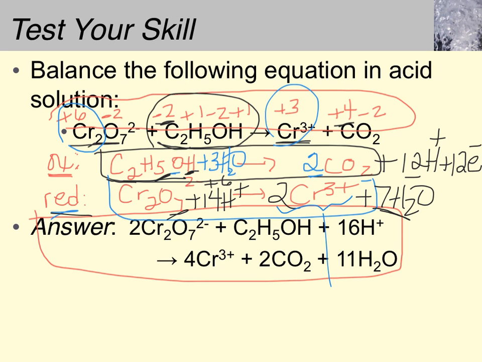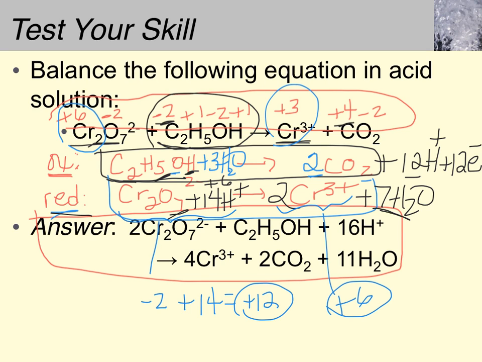On the product side, we've got a +6 charge. On the reactant side, dichromate has a -2, and then we have +14 hydrogen, so we have a total of a +12 charge on the reactant side and a +6 on the product side.